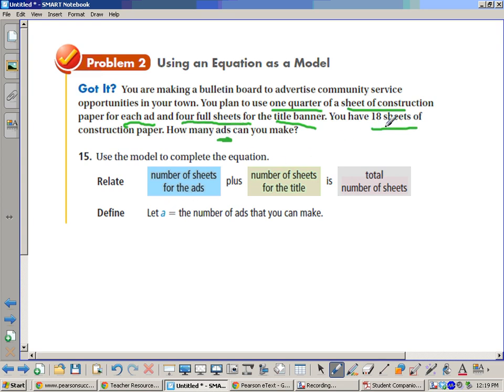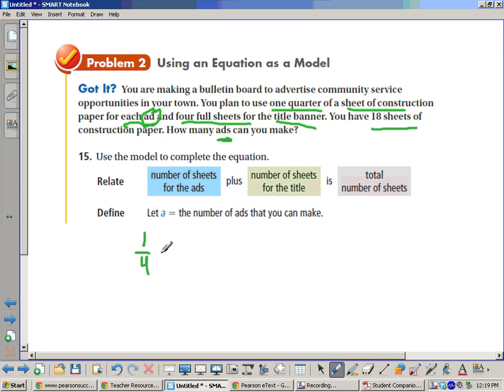So in the problem, we need to go and identify where we saw the ad. Well, right here is where we saw the ad. So that tells us that that variable has to go with the 1/4. So number of sheets for the ad, 1/4 of a sheet is a fraction of 1/4.